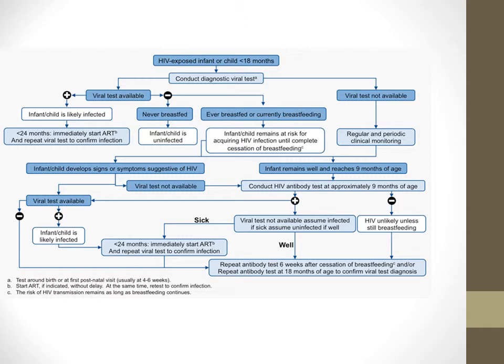For a lot of clinicians, if there's a high suspicion of HIV infection, we start therapy immediately after birth. Now, if you have viral tests available, our decision will be based on whether the child is being formula fed or breastfed. The algorithm is self-explanatory, and if you look closely, you'll be able to understand why and how we should carry on our testing.